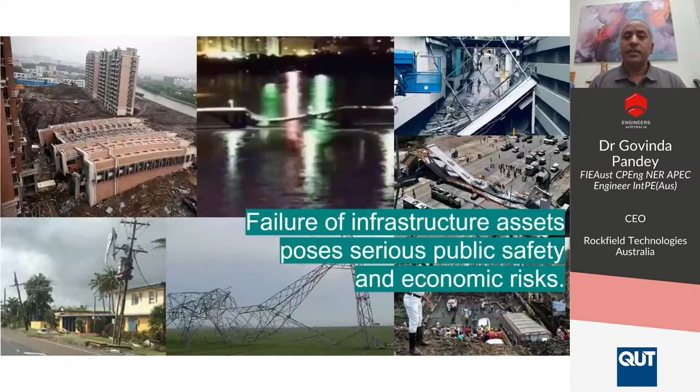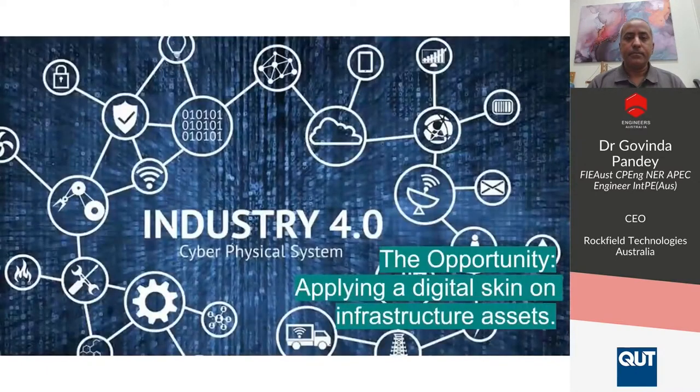But the structures, interestingly, or sadly for that matter, don't have any smarts. They've got nothing in there that can communicate with society about their health state, other than the regular engineering inspection that is carried out on a periodic basis.